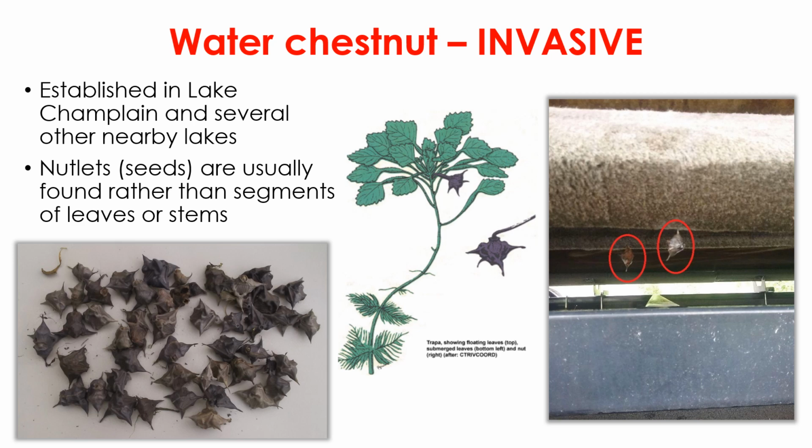So look for them very carefully, especially on carpeted trailer bunks. At one point last year, the Welcome Center found a boat that had over 50 water chestnuts on a single trailer. But be especially careful when you remove them because the points are viciously sharp.